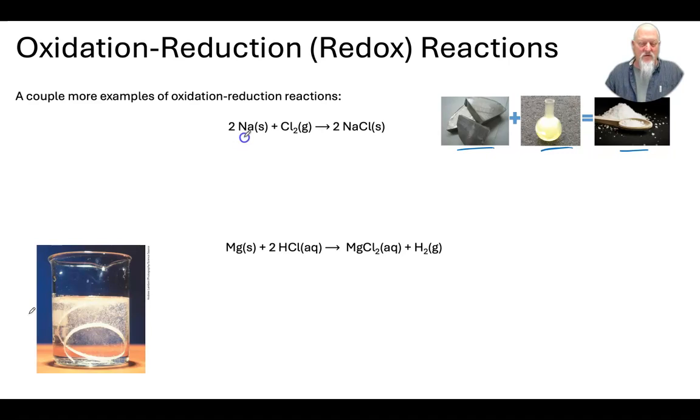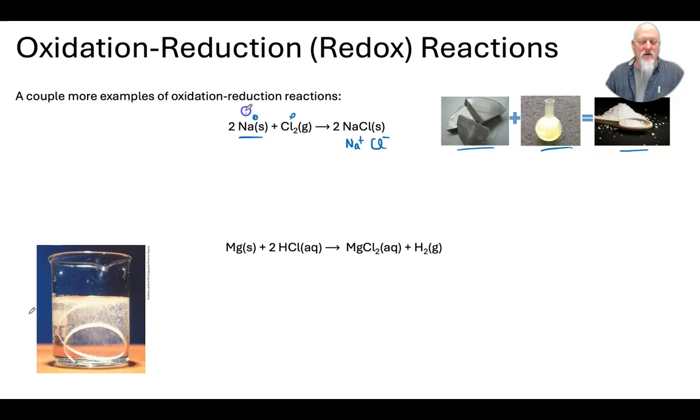In this case, we have the sodium metal, so that's 0 charge. In chlorine gas, each of the chlorines is also 0 because it's in a single bond. When they react, we get sodium ions and chloride ions. We know it's ionic because it starts with that metal. Sodium ions are +1 and chlorides are -1.